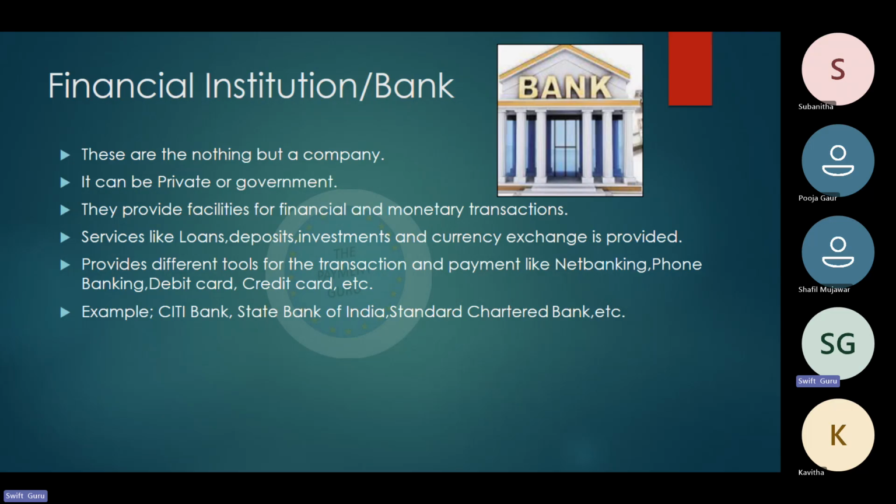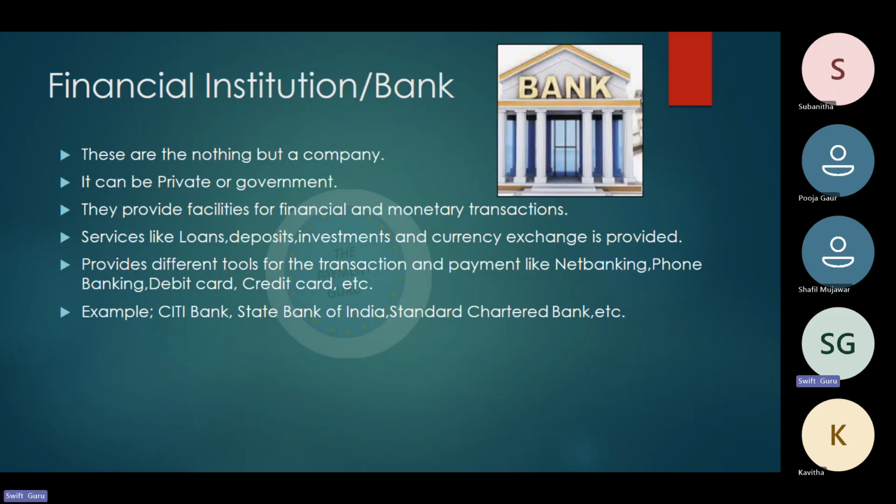Let's know about financial institutions and banks. Who are they exactly? They are nothing but a company or an organization, which can be a private company or a government-based company. You would have seen plenty of banks in and around India which are private, like HDFC, Axis, ICICI, etc., and then government banks as well. All the Grameen banks fall under the central banks, and they are basically government banks as well.